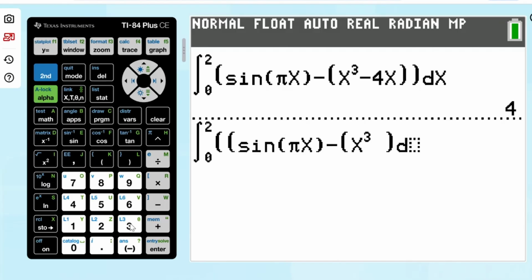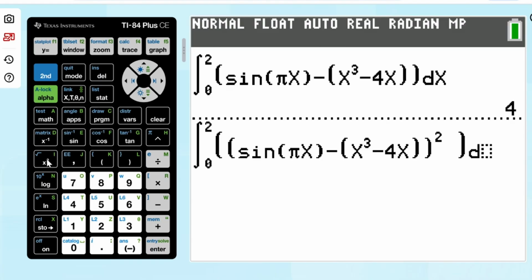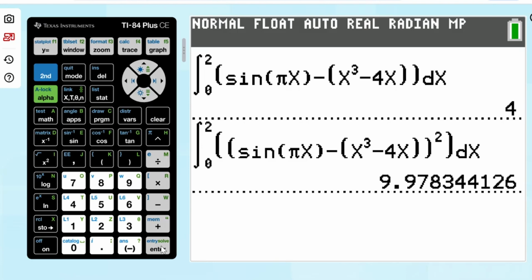X to the third minus 4x. Close that parenthesis. And then, since I have that, I don't want to put my squared there. I need another parenthesis because I've put parentheses around the entire side length, sine pi x minus x cubed minus 4x. Then we'll square that with our dx out at the end. And that gives us, it looks like, 9.978.